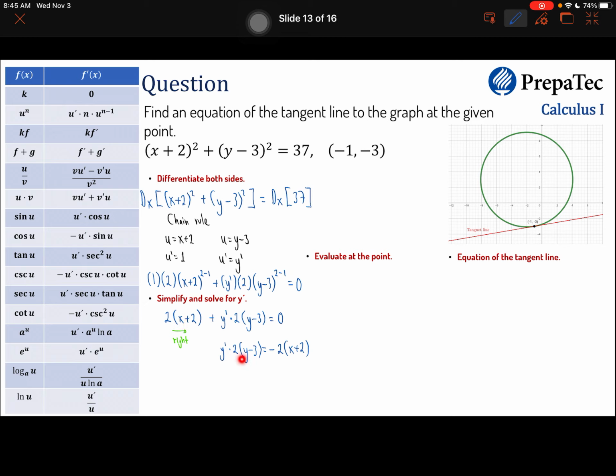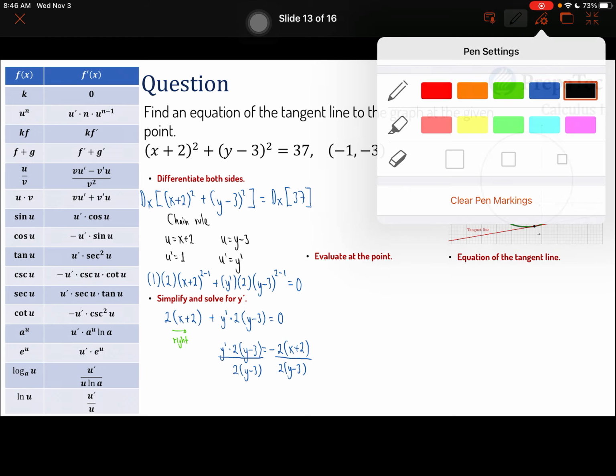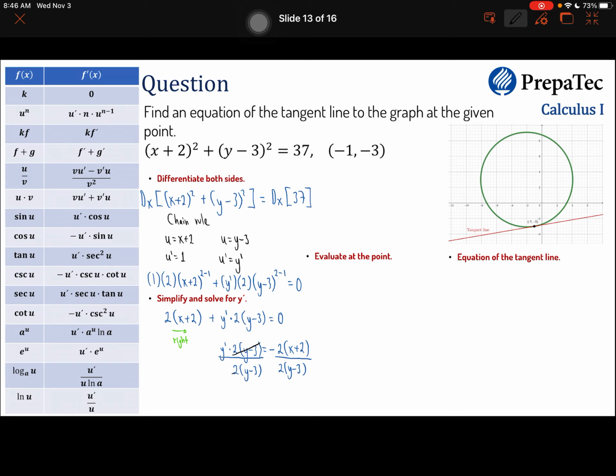And I'm going to divide the equation by this factor here in order to isolate y prime. So I'm going to divide by this on the left, and I'm going to divide the other side by the same. So I can simplify these two, and then the only thing that is remaining is y prime. And then I also can simplify these two with these two.